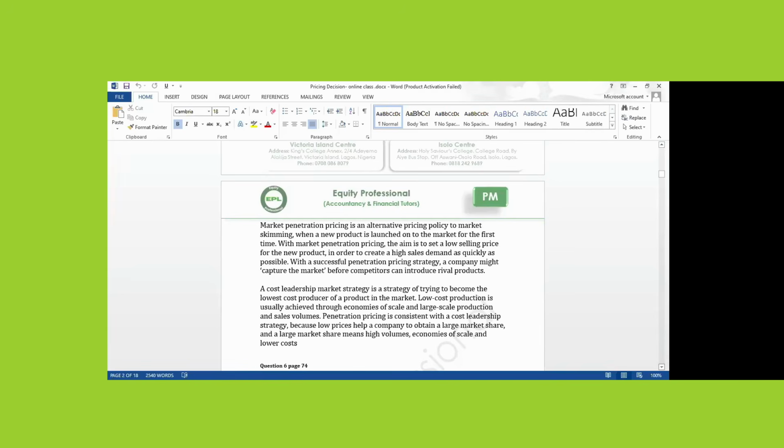With that, you can penetrate the market and capture a larger share of the market. This is market penetration.